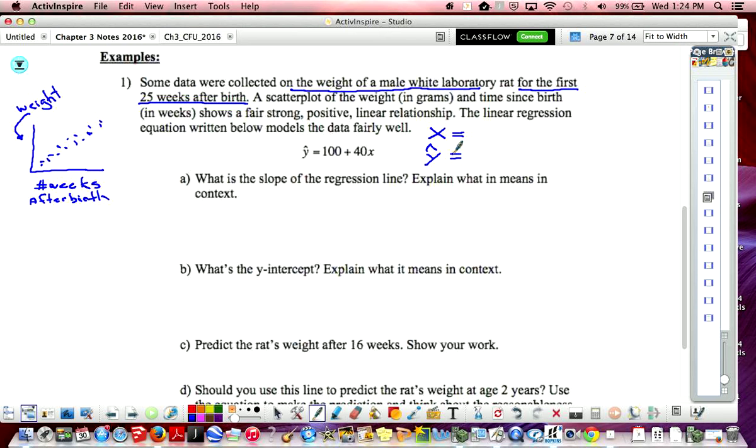Because if you don't know what x is and what y hat is, interpreting the context and the y-intercept is not even going to make any sense. So again, our x is the number of weeks after birth, while y hat is the predicted weight of a lab rat.